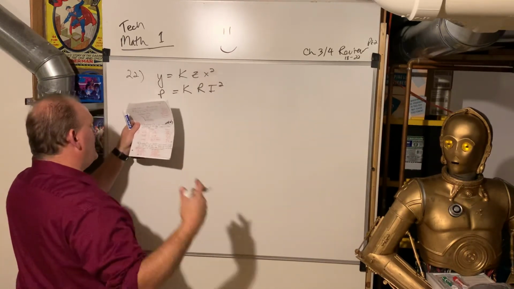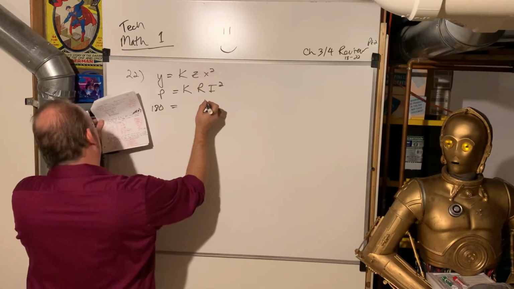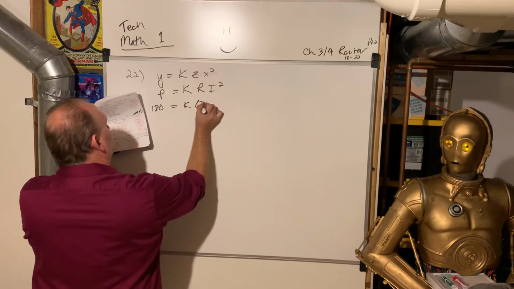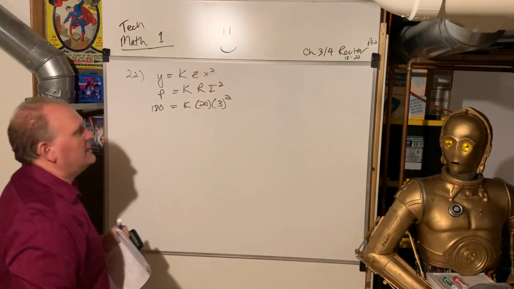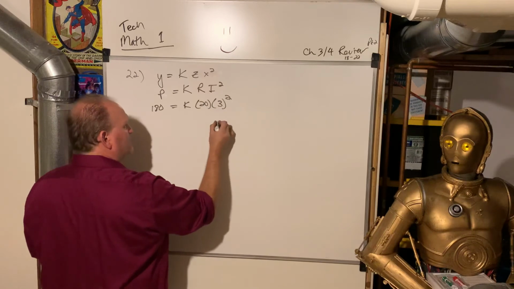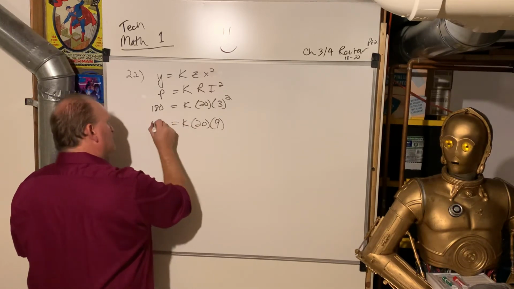All right, so now they tell us P is 180. They tell us I is 3 and R is 20. And now, please excuse my dear Aunt Sally, we do exponents before we multiply. So this becomes 9 times 20 times K is equal to 180.